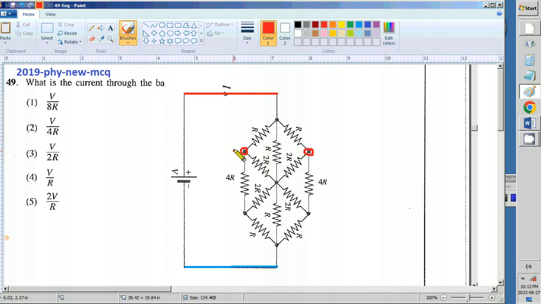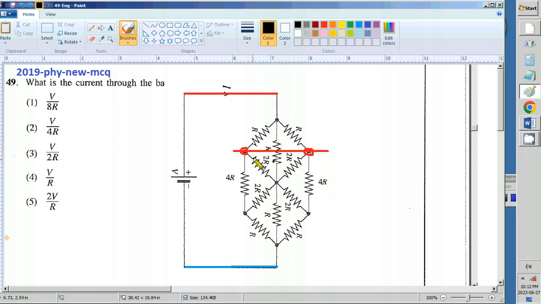Even though this line is horizontal, we can't say they are at the same potential, because if this resistor is not this value, say this one is 2R, even though in this diagram they look horizontal, they are not at the same potential.